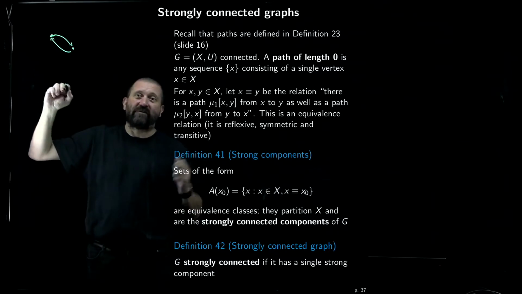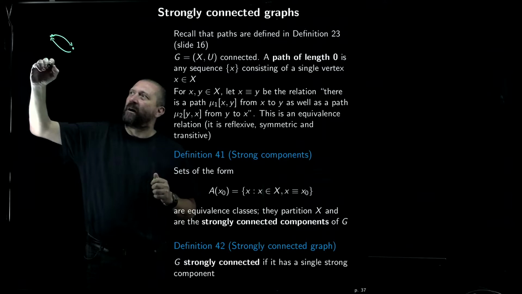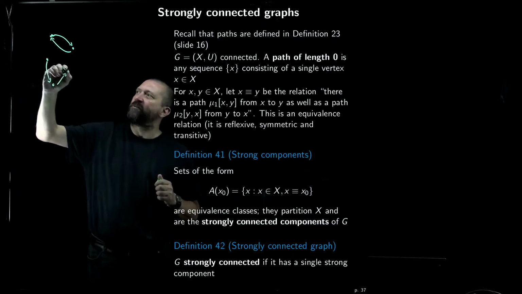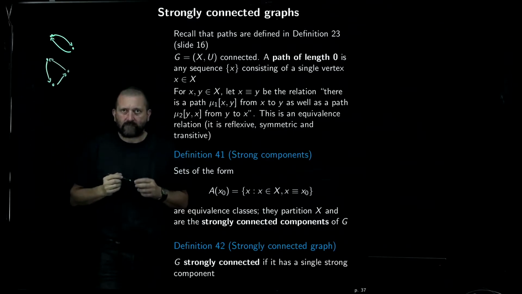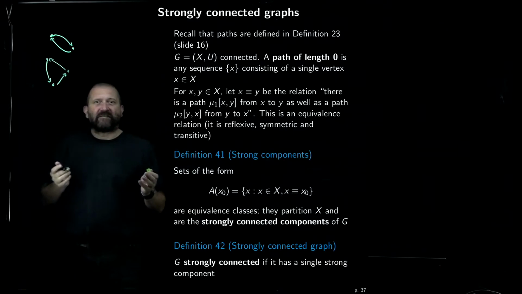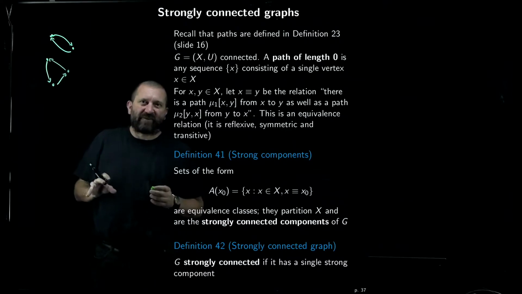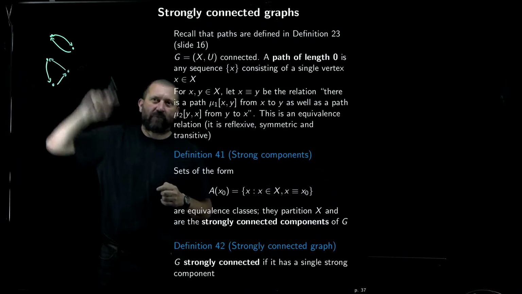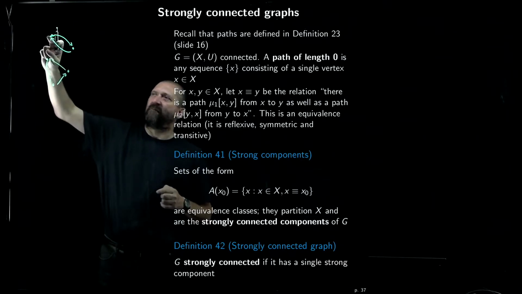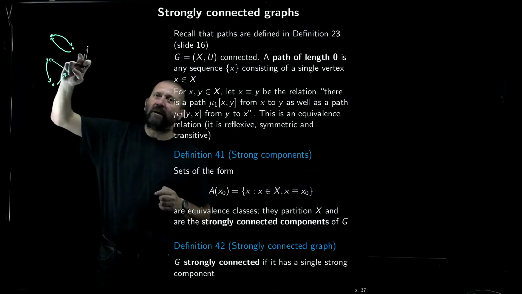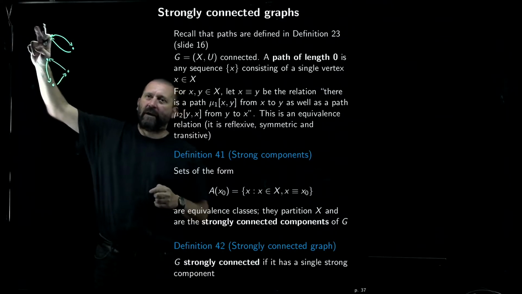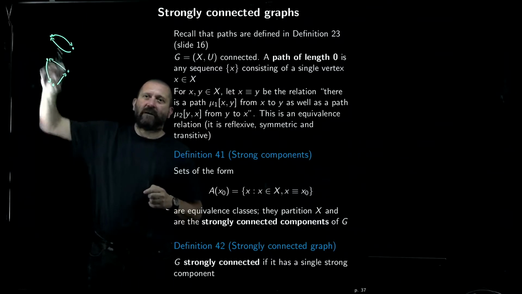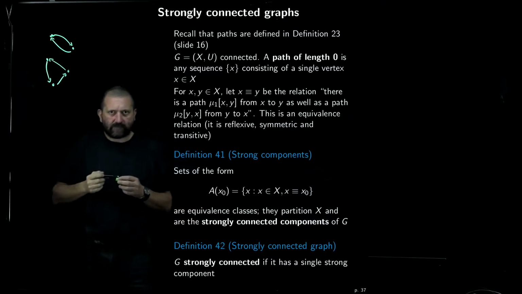I'm taking a very simple example, but I have two vertices here, and let's say 3 vertices here. Obviously, these 3 vertices are in relation with one another, and these 2 vertices are also, because there's a path from here to there, and a path from there to here. And likewise for the others, and vice versa.